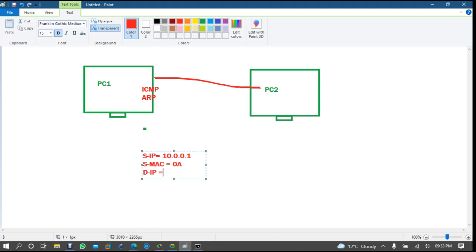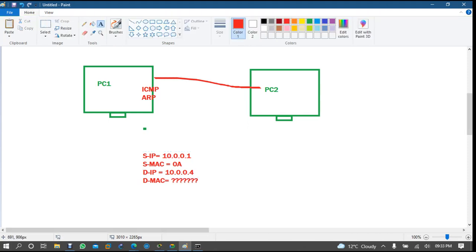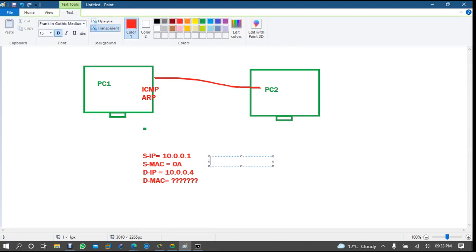I know the destination IP, but when you don't know the destination MAC, an ARP packet will be generated by the computer that is trying to communicate, the one that generated the ICMP packet for communication.